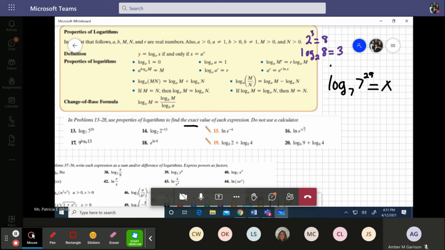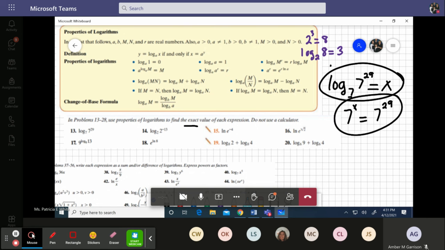And then on almost all of our log equations, our strategy to solve is to rewrite it as an exponent. So I'm going to say 7 to the x is equal to 7 to the 29, right? This is the same statement as this. This is just logarithm form and exponential form, right?